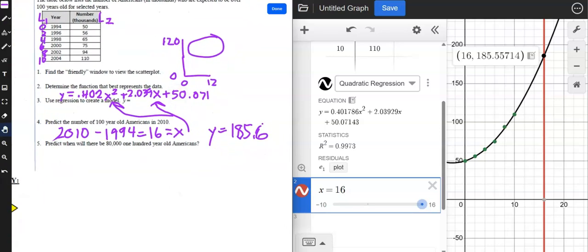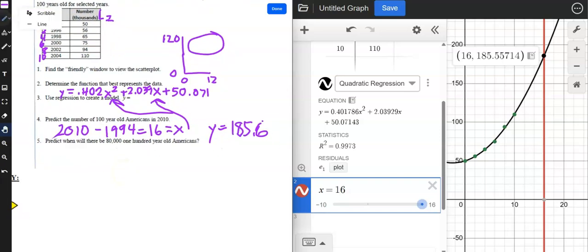Now, predict when there will be 80,000 100-year-old Americans. 80,000, so that's a number over here, right? That's a y value. But what y value is it? According to our model, that's a y value of only 80.